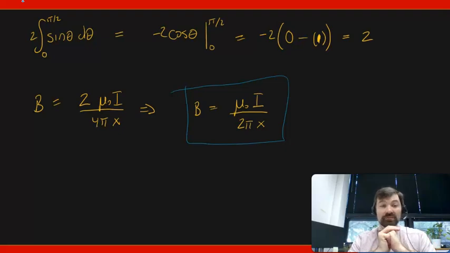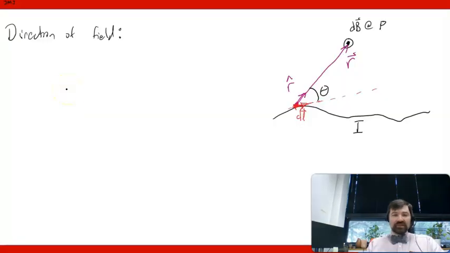Now, you may also be asking, what about the direction? Well, again, your dB hat, which is just strictly the direction, should look like dl hat cross r hat.